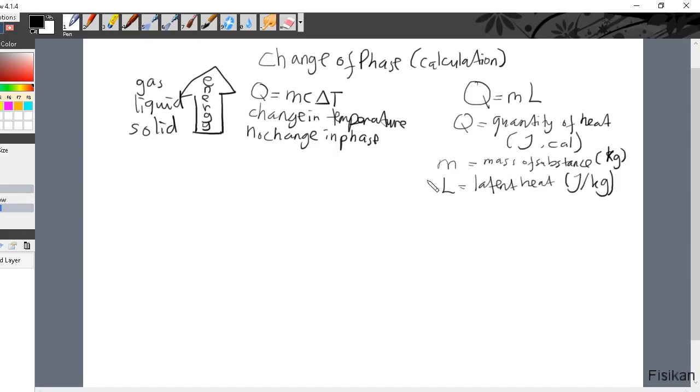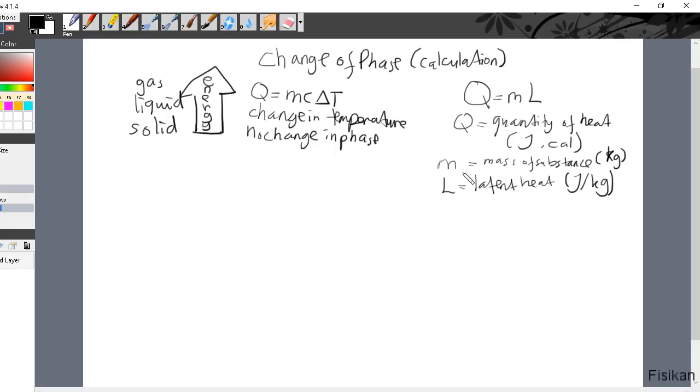It means how much energy is required to change the phase of an object by some amount of mass of the substance. That is the meaning of latent heat.